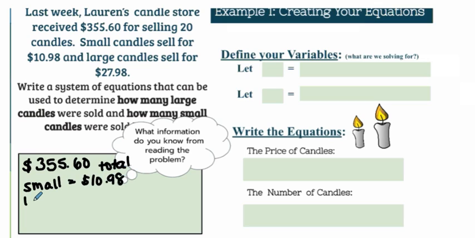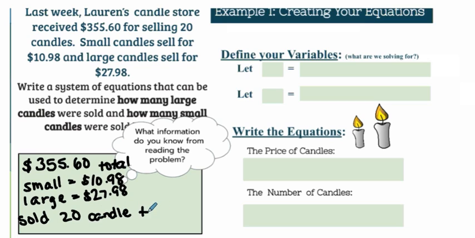We know that large candles are $27.98. And there's also another interesting number that we know here. We sold 20 candles, and that's another total. So that number means something very important.